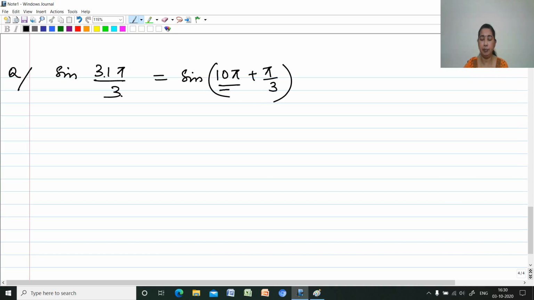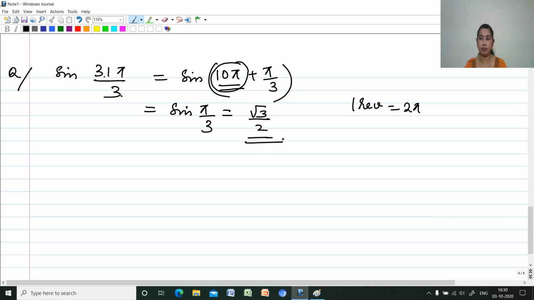So 10 pi means 5 complete revolutions, because 1 revolution is 2 pi radians. So the remaining angle will be pi by 3. The value of sine pi by 3 is sine 60. Sine 60 is root 3 by 2. So that is the way in which you have to find the values of trigonometric functions.